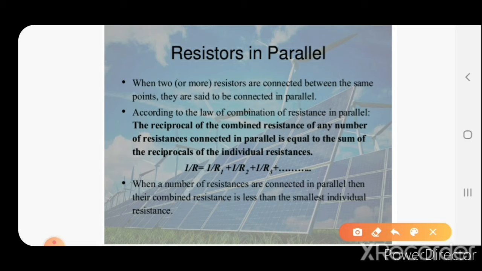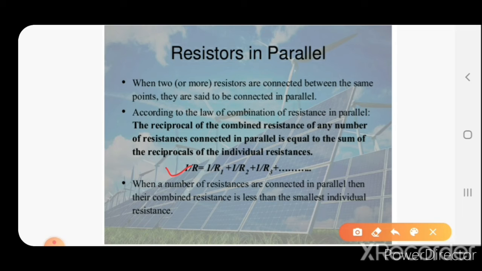So this is the required derivation: 1 upon R is equal to 1 upon R1 plus 1 upon R2 plus 1 upon R3 plus so on. It depends on how many resistors are connected in parallel. So the combined resistance is equal to the reciprocal of the sum of the reciprocals of all the resistances present in parallel.